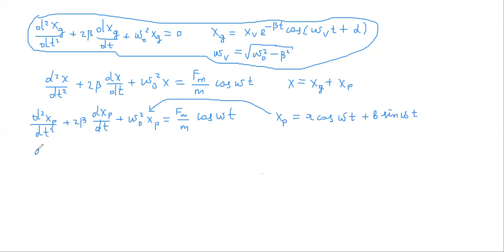The first derivative is equal to minus omega a sine omega t plus omega b cosine omega t.